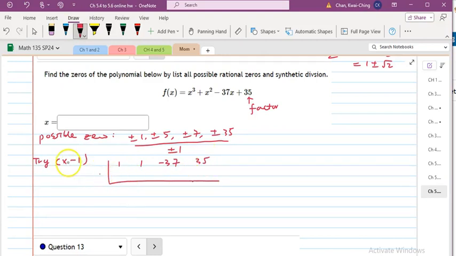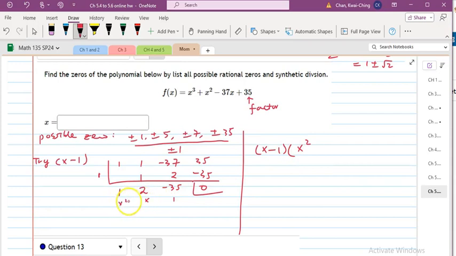If I try x minus 1, this is 1. 1 times 1 is 1, add is 2. 1 times 2 is 2, add minus 35, and that works, right? 0. So I can factor this polynomial as x minus 1 times x squared plus 2x minus 35.